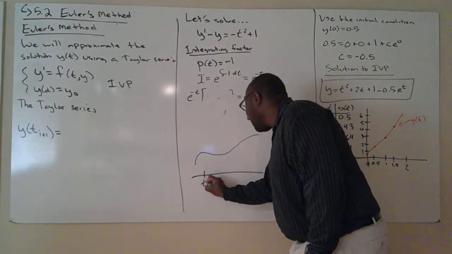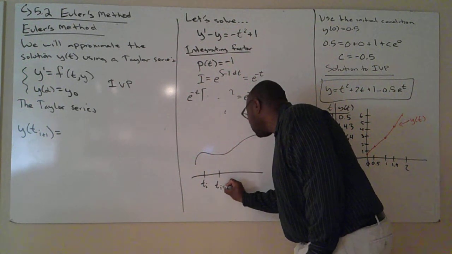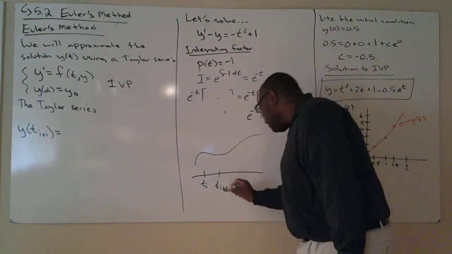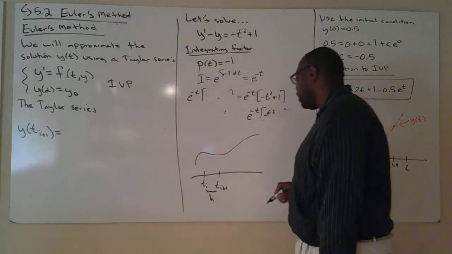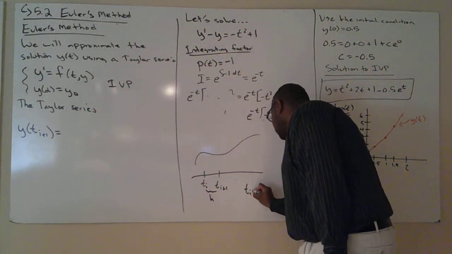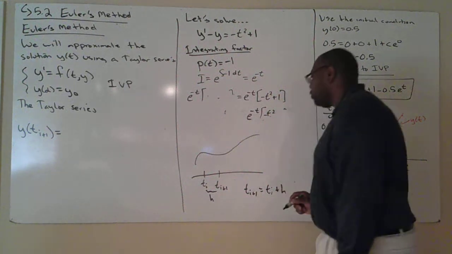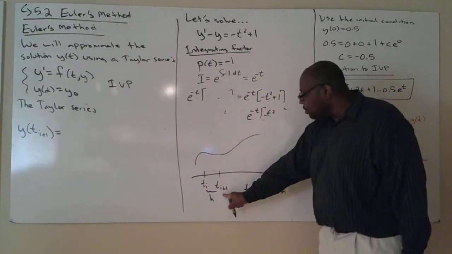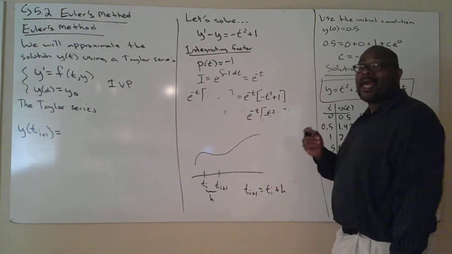So we have t sub i, we have t sub i plus 1. Let's suppose they're equally spaced by a distance of h. So t sub i plus 1 is really just t sub i plus h. How do I get t sub i plus 1? Just take t sub i, my first node, and add h to it.